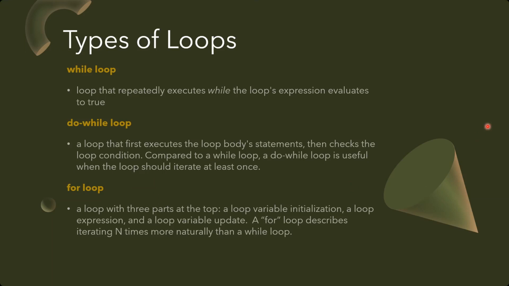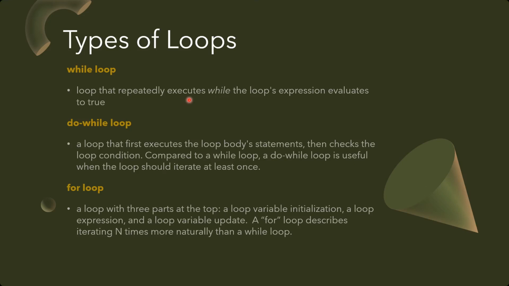There were 3 types of loops that we just covered. First, the while loop. That's going to repeatedly execute while the loop's expression evaluates to true. So a while loop may not execute at all. If we get to this spot and it says, while x is greater than 4, do such and such, and x isn't greater than 4 at all, then it just skips right out of that loop.